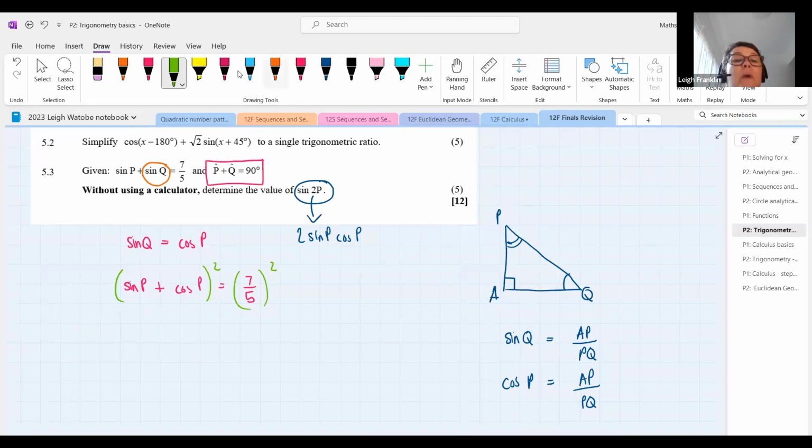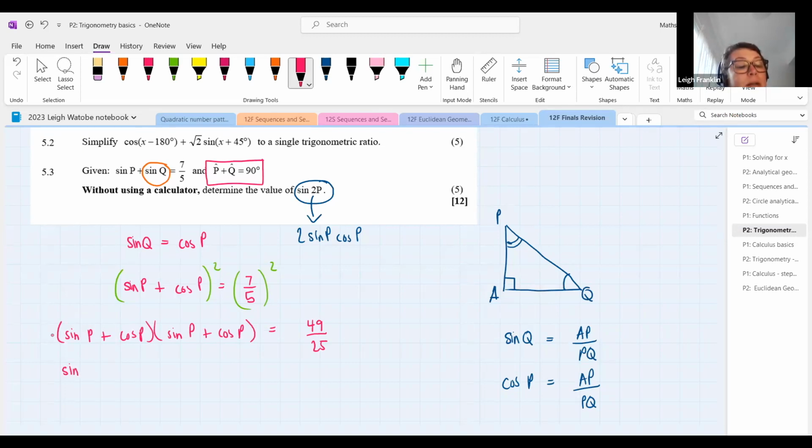Because when we square both sides, through our FOIL process, we're going to get 2 sine p cos p. So we're going to end up with this. We're multiplying the binomial by itself. And on the right-hand side, we end up with 49 over 25. Now we're going to do FOIL.